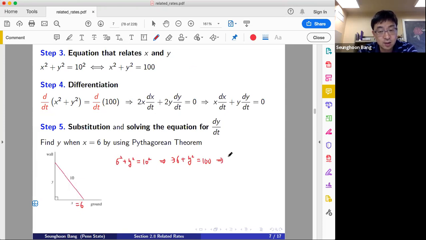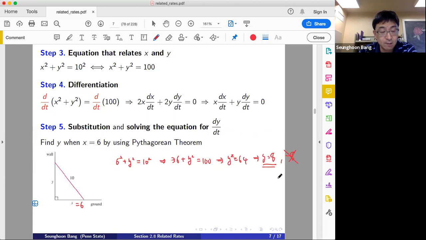Subtract 36: y squared equals 64. y is positive 8 or negative 8. y is only a length, so we don't deal with negative 8. You can erase negative 8. y equals 8.